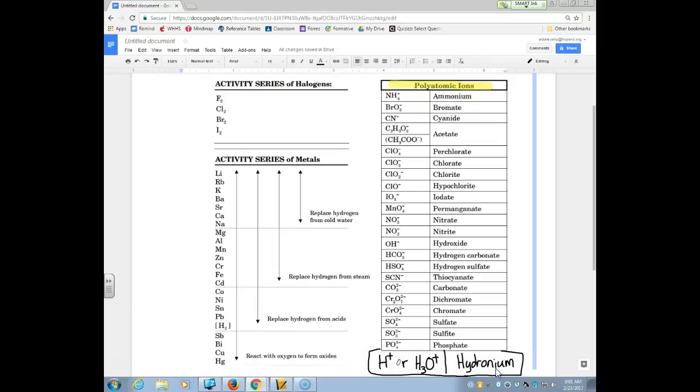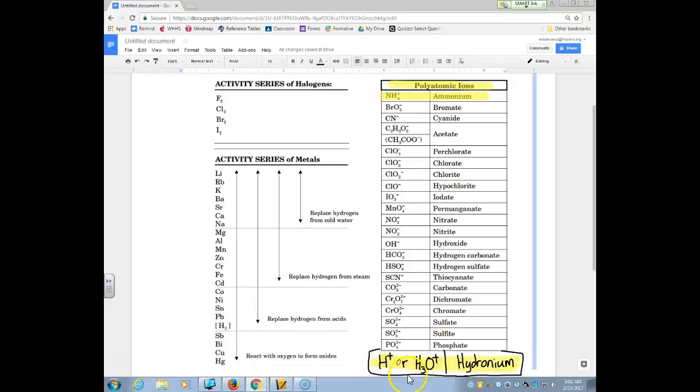I want you to mark these or highlight them like I'm going to do so that you'll know which ones you have to memorize, but the others will be available if you need to look them up. So we're going to start here with ammonium. This one is one that you need to memorize. And I'll go back down to this other one right here that I wrote in, hydronium.